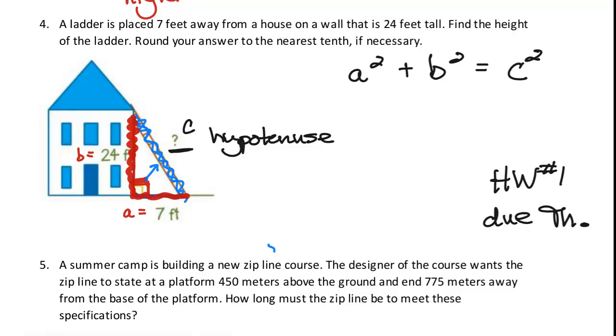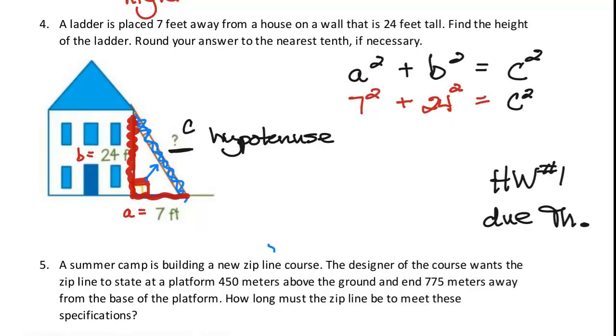So then I substitute my values in. A is 7 squared plus B is 24, and we square that, and that is equal to C, my unknown, which is then squared.